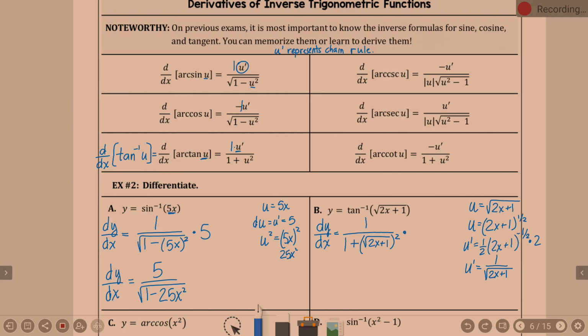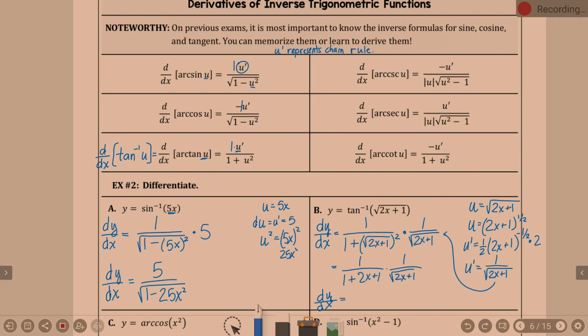Does that make sense? And what is this I'm multiplying over here? 1 over the square root of 2x plus 1. Now, clean this up real quick. 1 plus, what happens when you square the square root? It's 2x plus 1. We're still times 1 over the square root of 2x plus 1. dy dx.